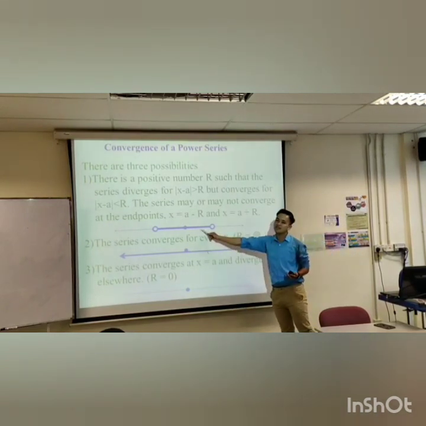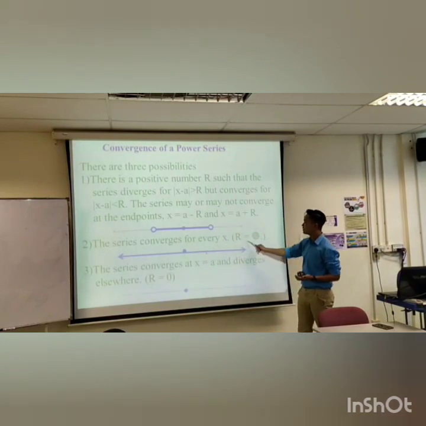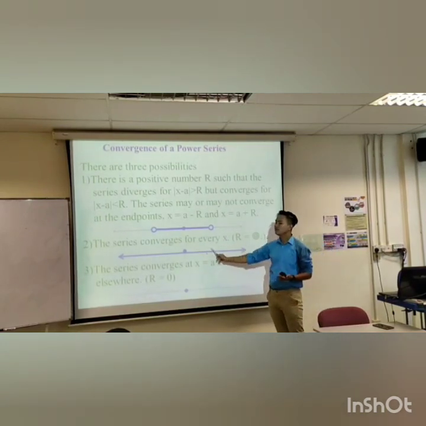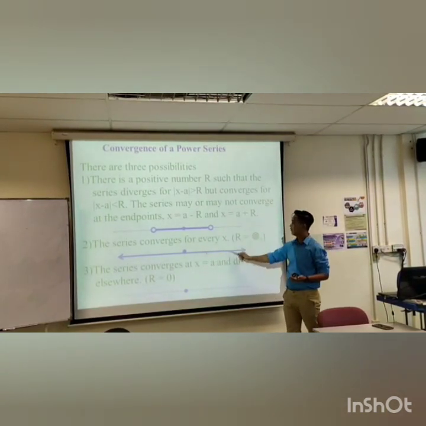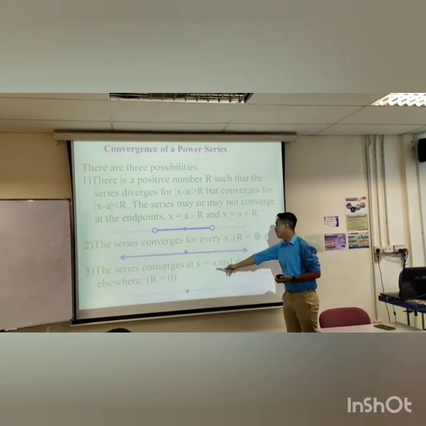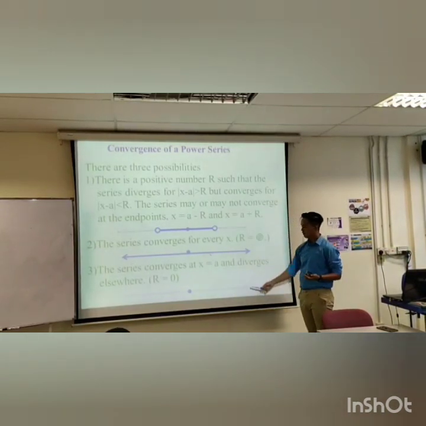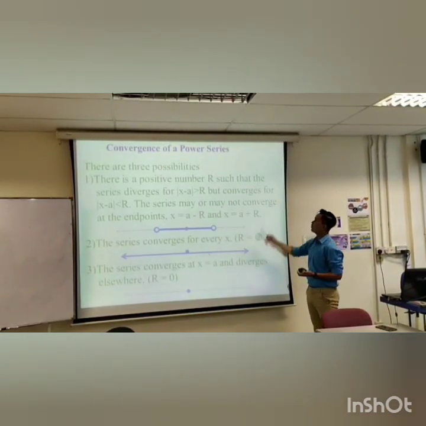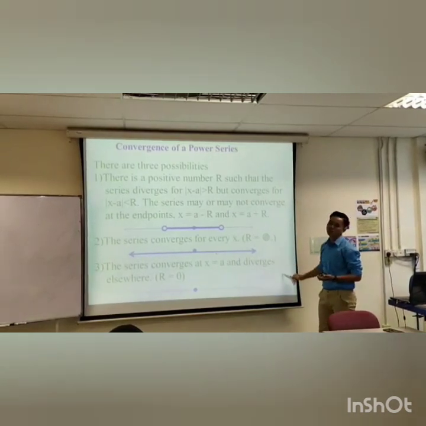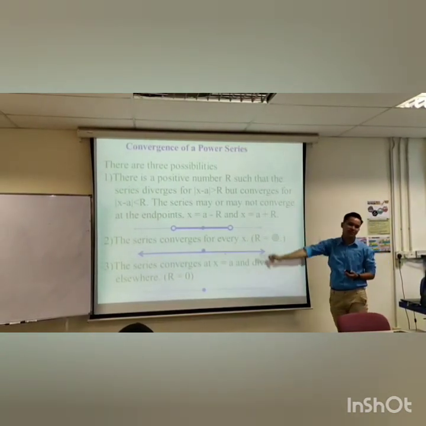It will become like this on the number line. Two, the series converges for every x, and it will become like this. So, see the difference? Yeah. Three, the series converges at x equals a and diverges elsewhere. So it becomes like this. So try to understand these three conditions regarding convergence of a power series.